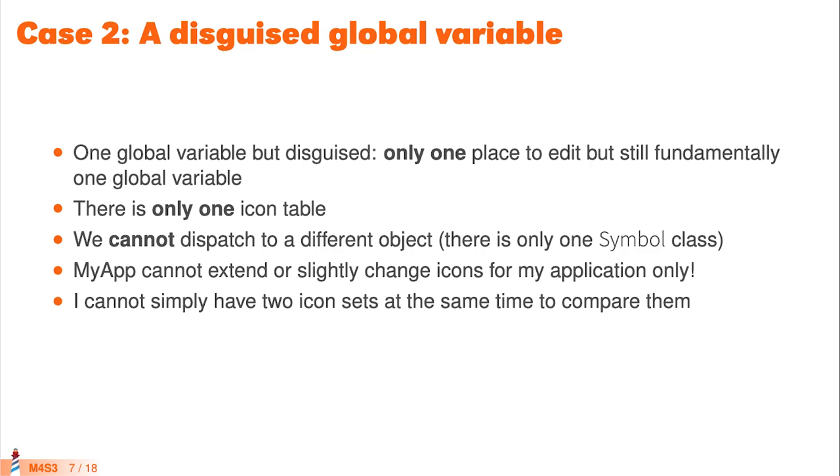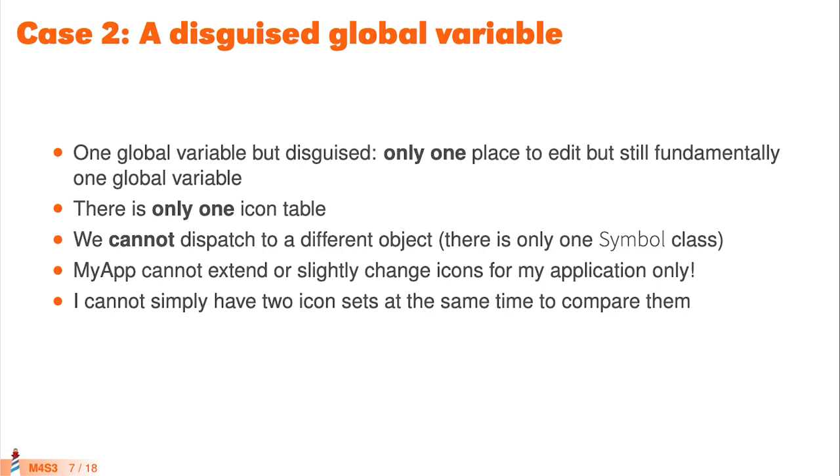There is one place here where we can edit it, but fundamentally, this is still one instance variable. And this was based on message passing. So you could say, oh, yes, I send a message, so this is okay. No, there is only one icon table in this system. We cannot dispatch to a different object. There is no different object. There is only one Symbol here. So this means that my application cannot extend or slightly change icons because I will have impact everywhere. I cannot have two icon sets at the same place.